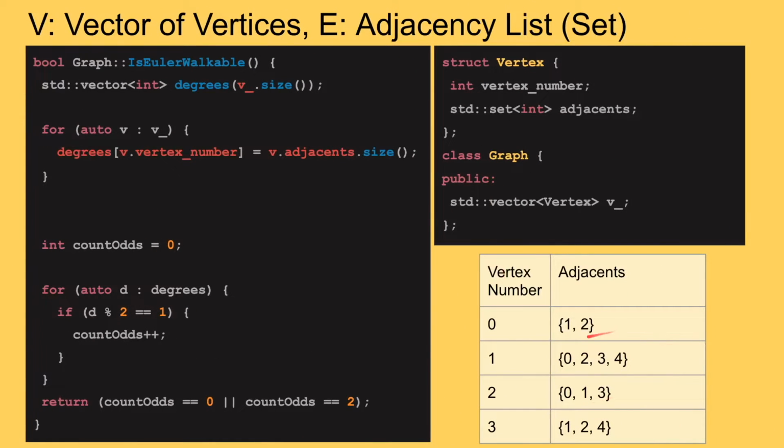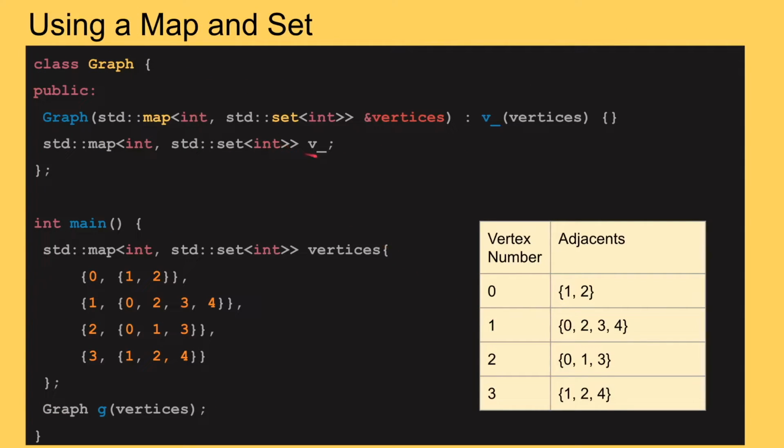Rather than defining a new class for each row, we could go ahead from the beginning and say our graph is nothing but a map using STL's map of an integer to a set of integers. It is a map of an integer, which is a vertex number, to a set of integers. Again, this set could have been a vector or a list.